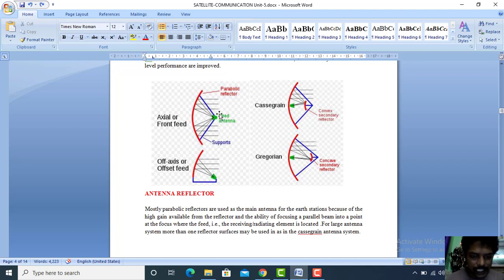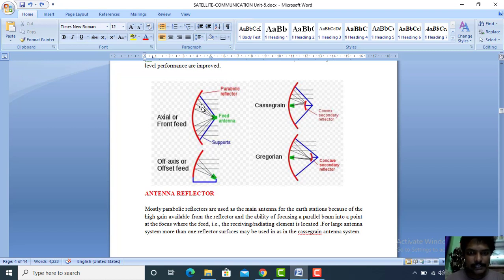What this indicates is that the feed antenna is radiating the signals in all directions towards the reflector.